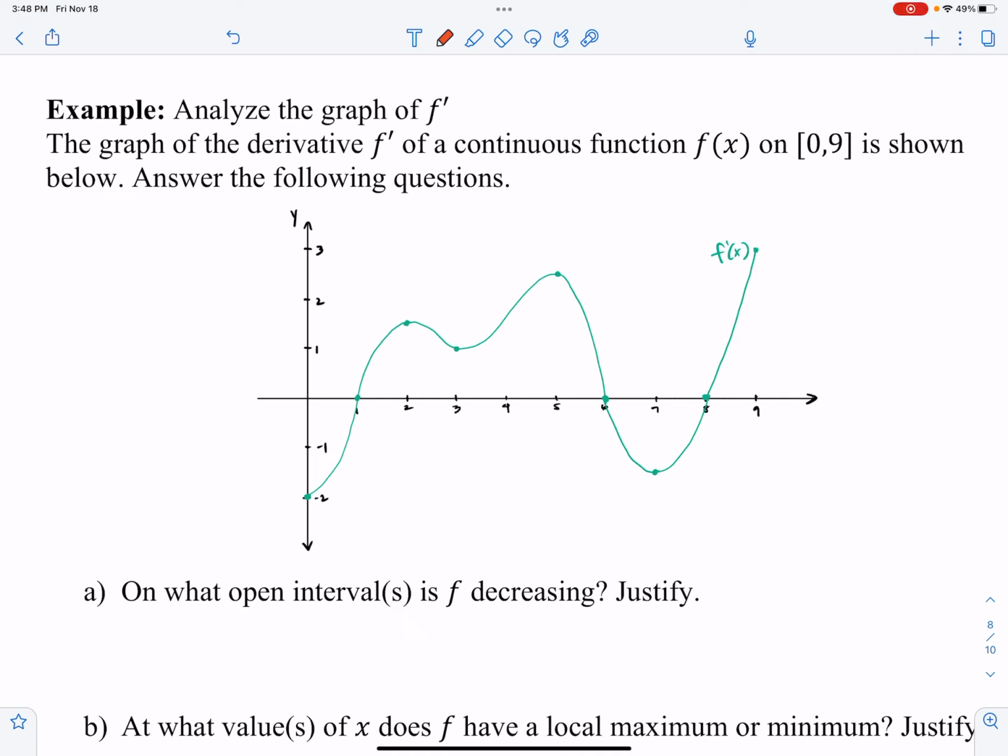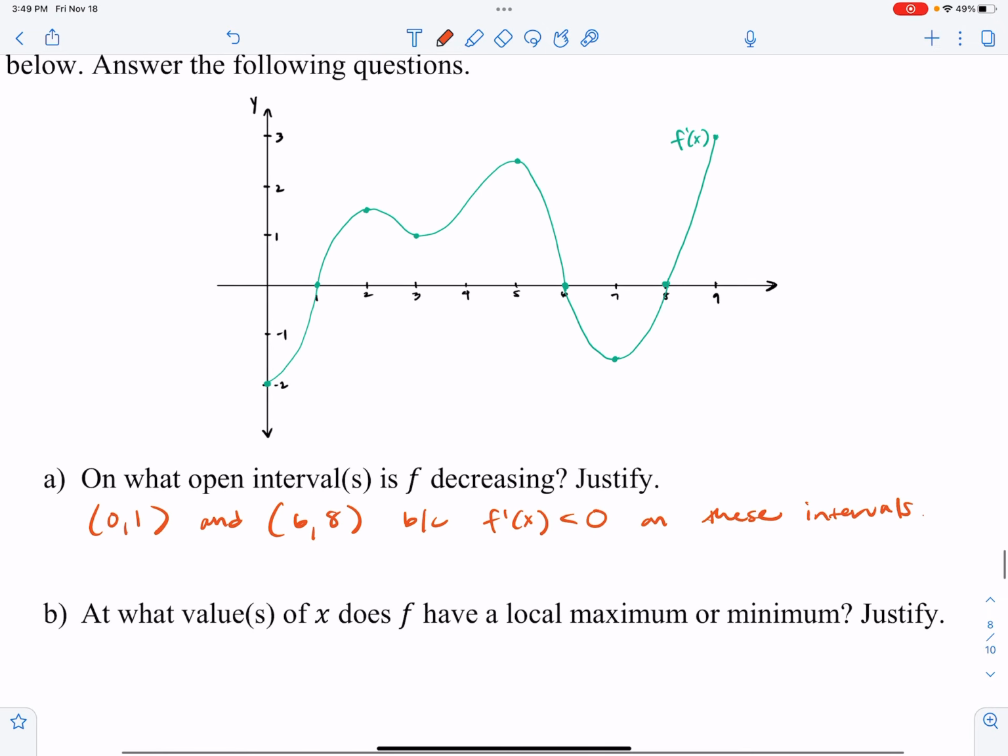So it looks like on the interval from 0 to 1 and 6 to 8. And the reason f is decreasing on those intervals is because f prime is less than 0 on these intervals. That's our justification.